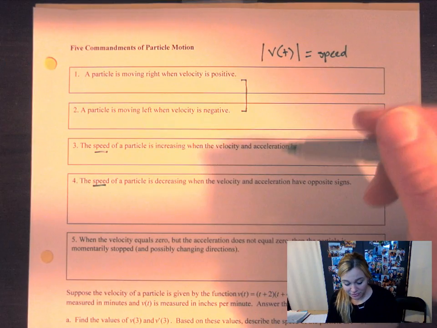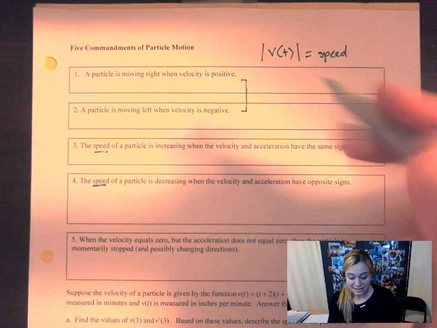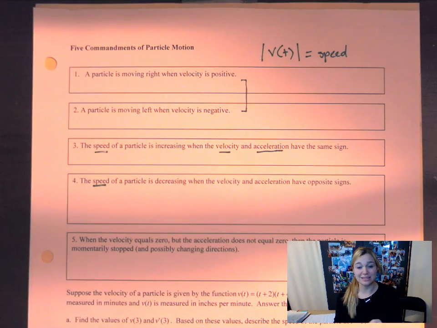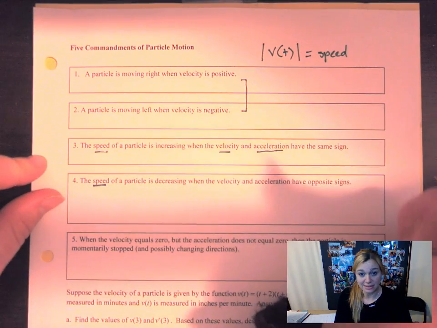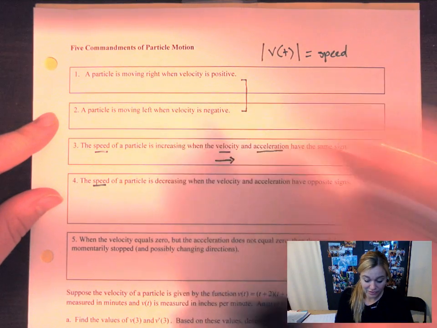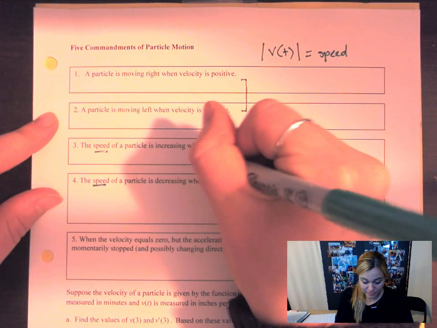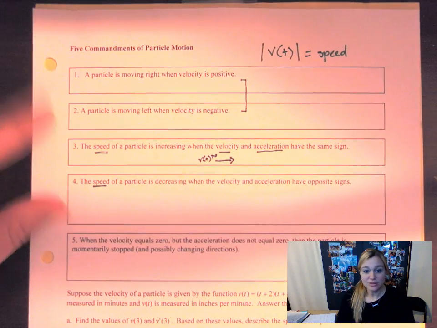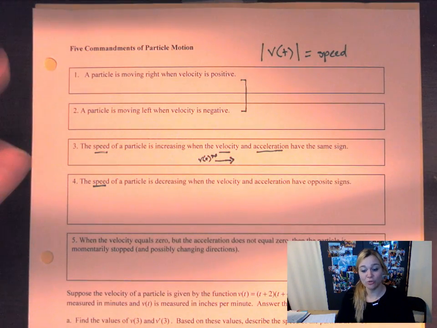And here, the speed of a particle is increasing when the velocity and acceleration have the same sign. So this is sometimes hard for people to get because this is a new topic for lots of people. So velocity being positive, the sign matters. If velocity is positive, so velocity is greater than 0, there's a force being put on the object to the right.